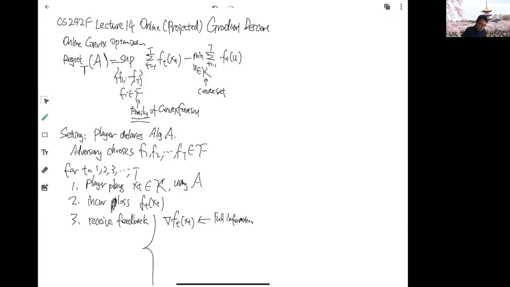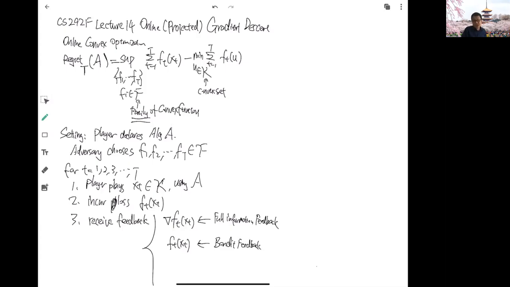And then sometimes we don't get to see the gradient, but instead we only see the function evaluation. This would correspond to a zeroth order optimization problem. The first one would correspond to a first order optimization problem. In the online learning literature, this is also often called the player sees bandit feedback. This is full information feedback.